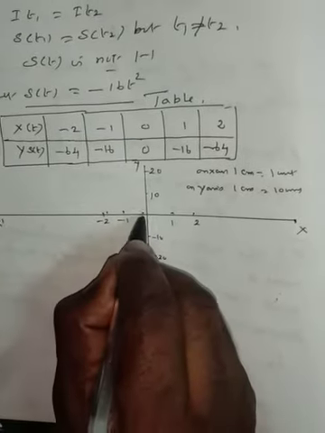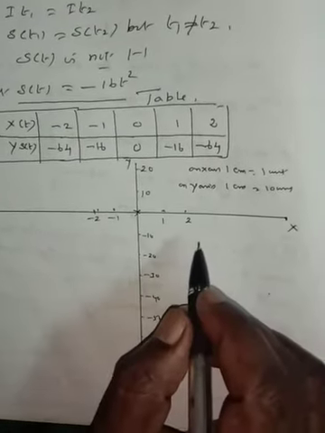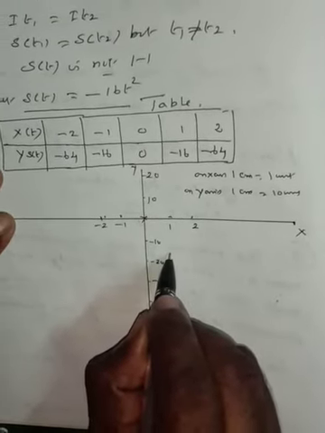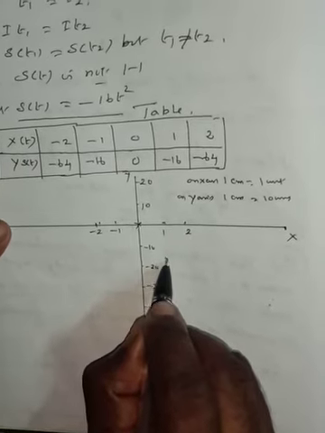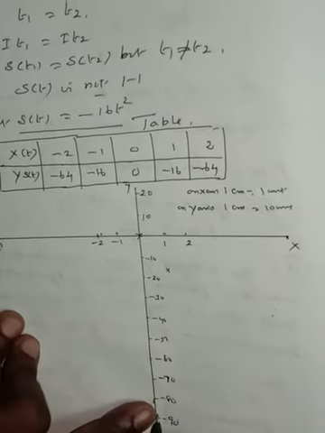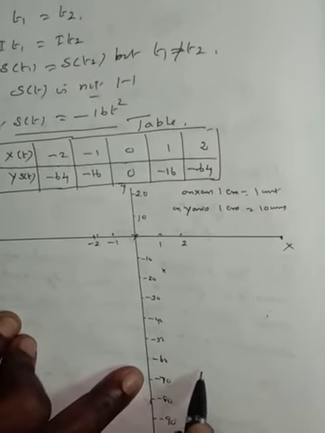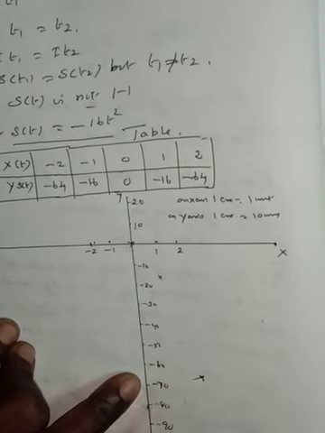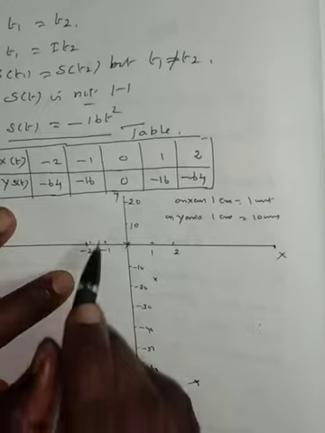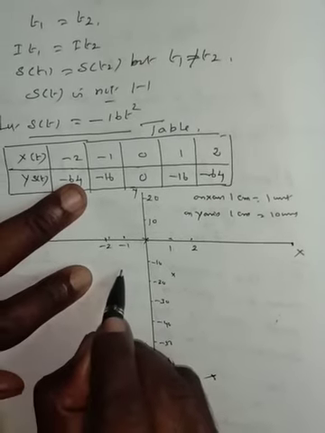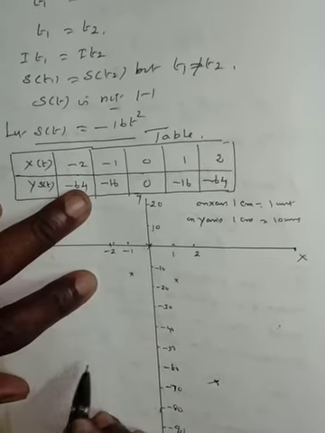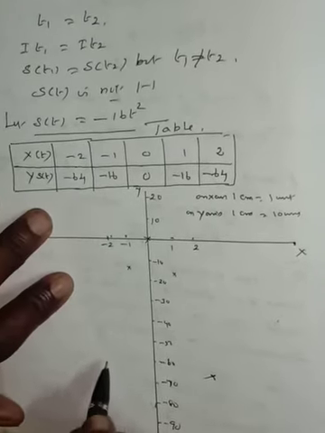0, 0; 1, minus 16; 2, minus 64; next minus 1, again minus 16; next minus 2, minus 64.